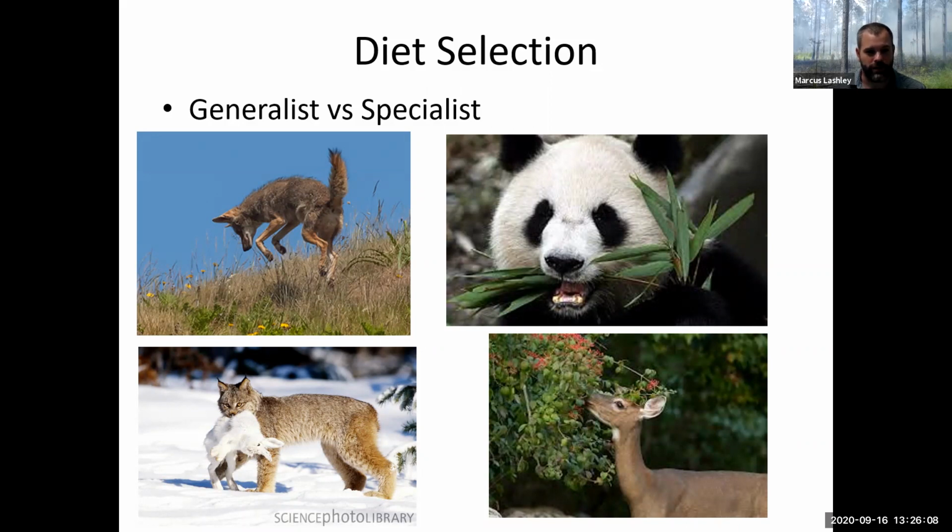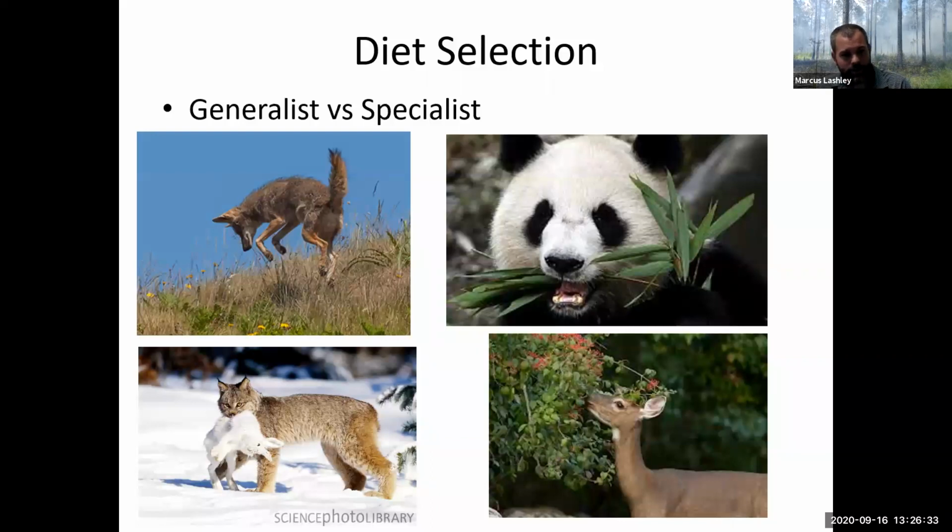It probably would rather have a fawn or a small mammal than some of those other items, but frankly, those things are harder to catch and harder to handle. So sometimes it may benefit the animal to diet switch to these other things, like a berry on a bush, right? They might be very abundant for a short amount of time, and coyotes will take advantage of that.